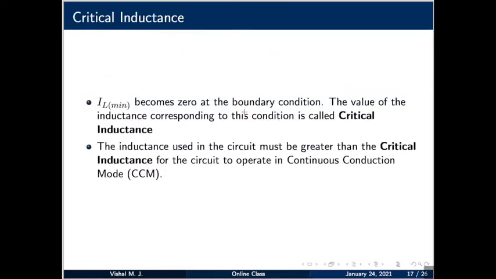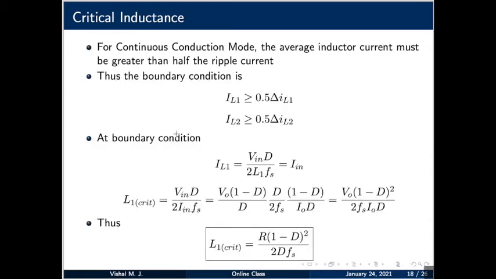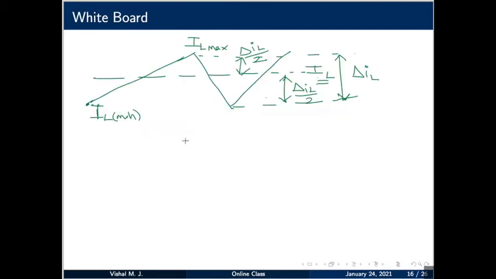So, the same thing we are going to use here. I have just explained what is critical inductance, which you already know, because the last three converters we have discussed it in detail. What is the criteria for the circuit to be operating in continuous conduction mode? That is, IL min should be greater than or equal to 0. What is IL min? The average inductor current minus delta IL by 2, which is the IL minimum, should be greater than or equal to 0.